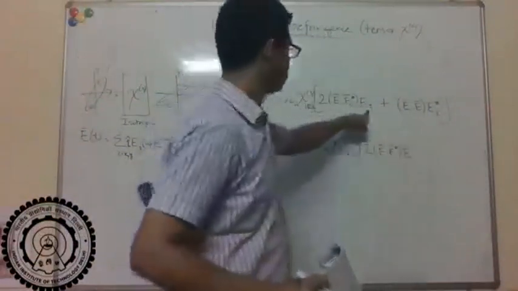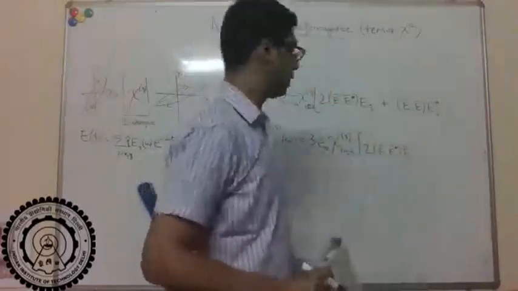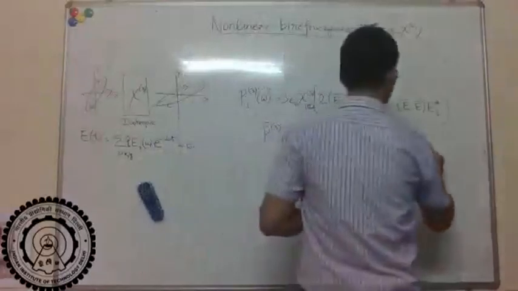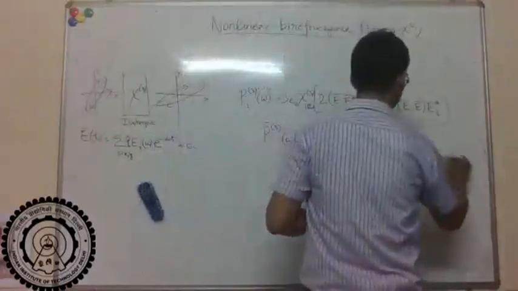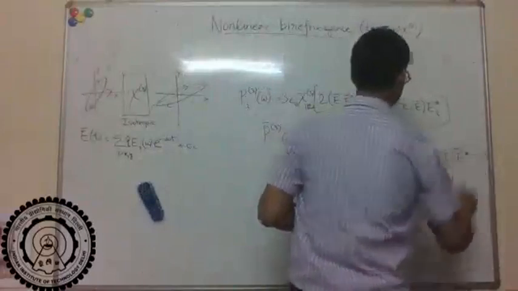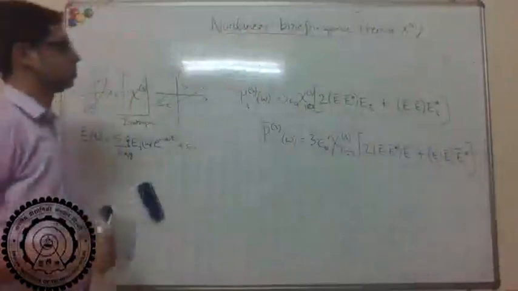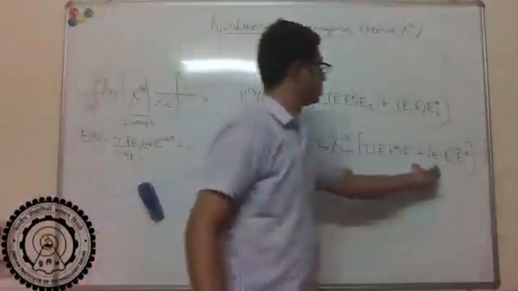So Pi proportional to EI, so vector P proportional to vector E. And the second term is E conjugate. Okay.